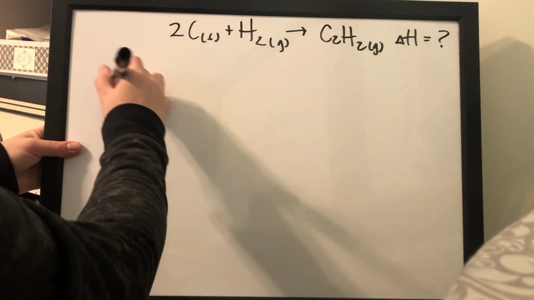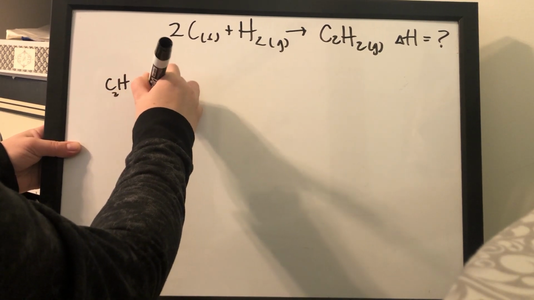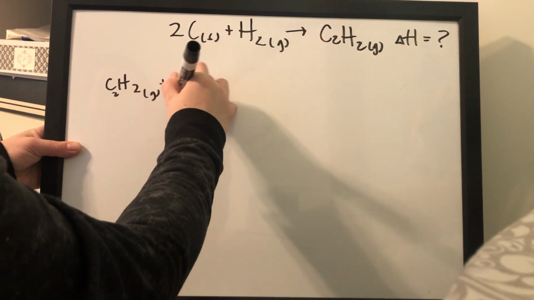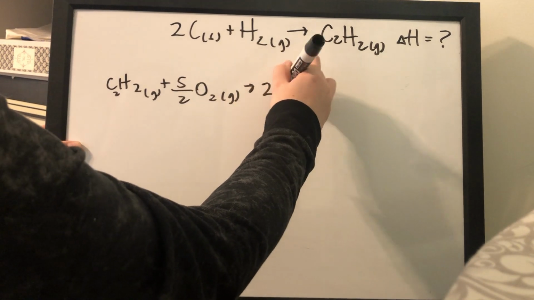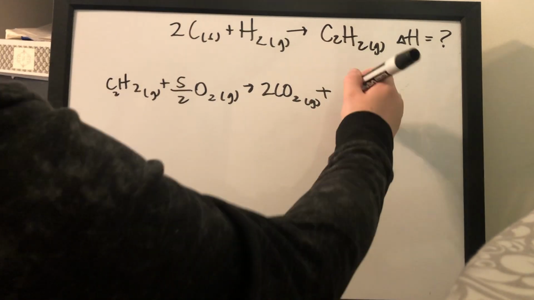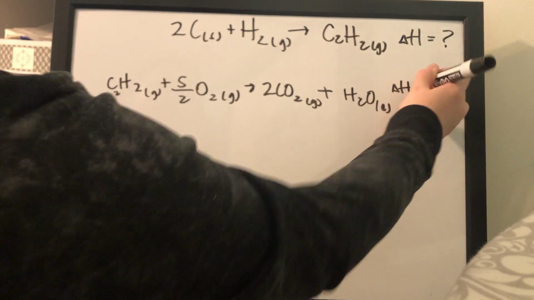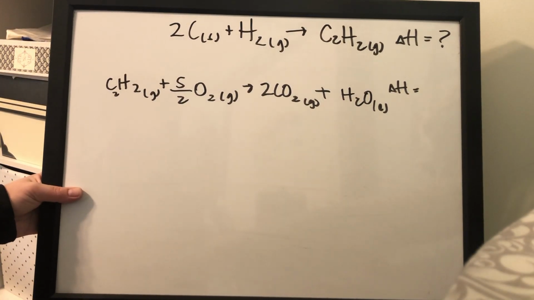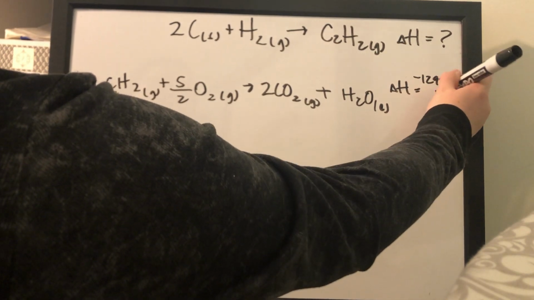Okay, so they tell me I have C2H2 plus 5 halves O2, making 2 CO2s and an H2O liquid, I think, and my delta H is negative 1299.6.